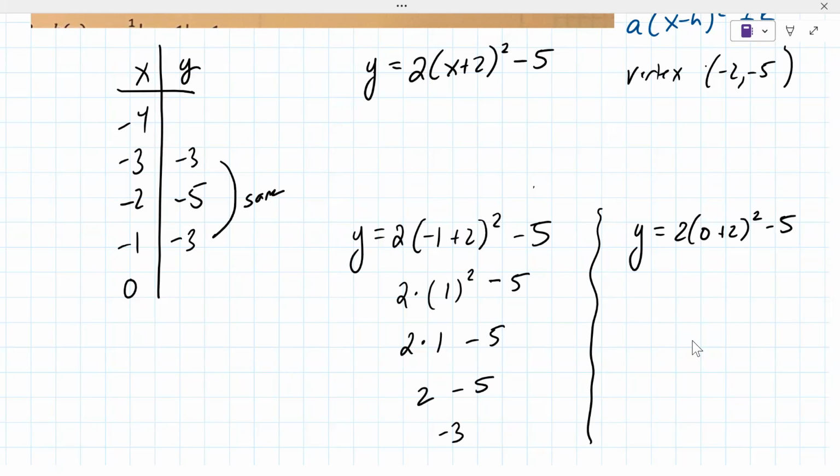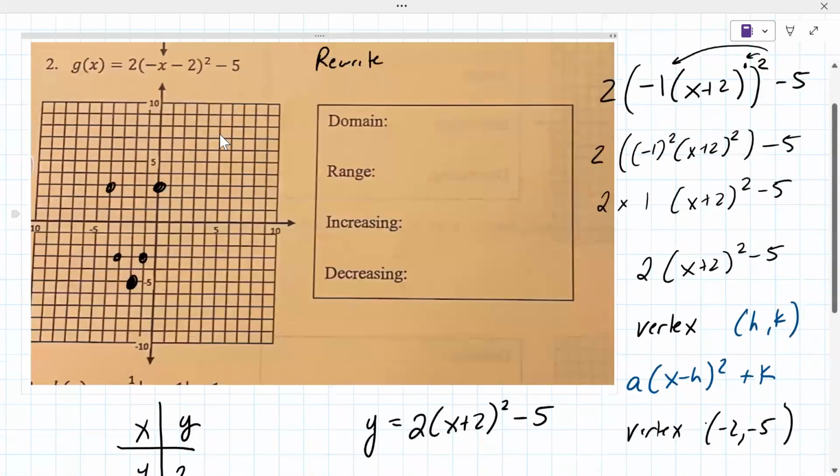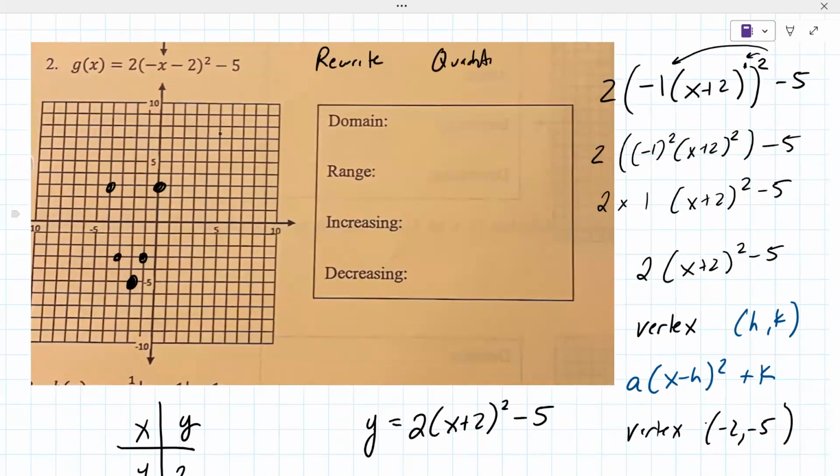Is it 3? I can't hear it. Can you hear me?